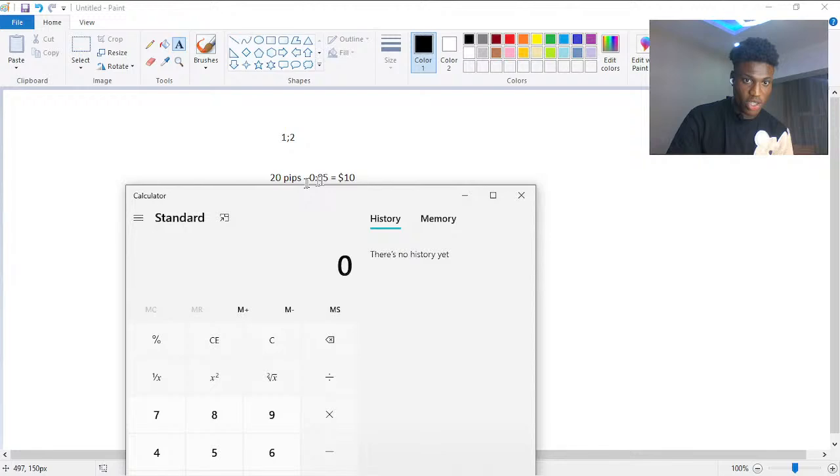It doesn't really matter if your pips is 100 or 50, as long as you've stuck to this amount as your risk, and then divided to get your lot size. You can use the same $10 for 100 pips, but your lot size is going to be 0.01, not 0.05.